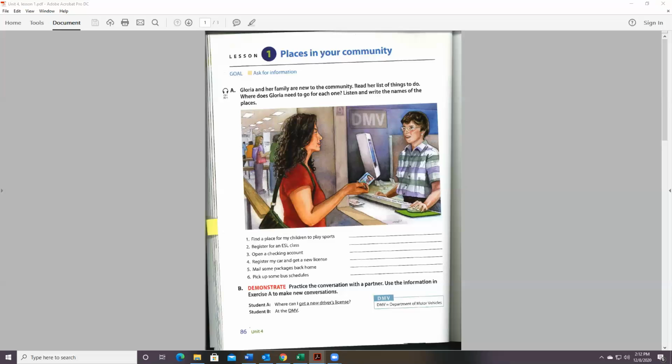There's a community college nearby. Maybe she could try there. Her children would like to play sports, so she needs to find a place for them to do that. Perhaps she can call the Department of Parks and Recreation. Finally, her husband needs to mail some packages to his family back home. She has used the local mail store before, but she'd like to find the nearest post office instead.